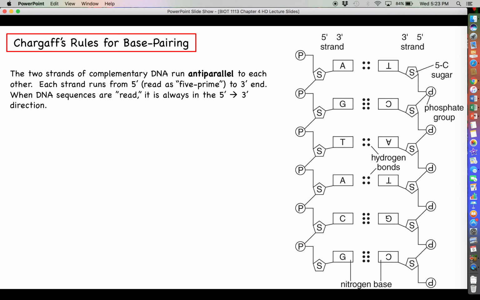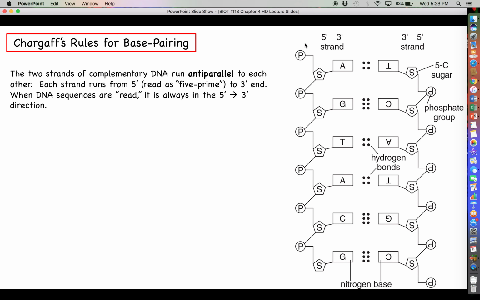DNA strands have a directionality to them, and the direction we signify based on the location of the phosphate on one end and the sugar on another. The 5' end of the DNA is the end that has the free phosphate up here. So this would be the 5' end of this strand right here. And then you see you have a free sugar down here. That is called the 3' end.